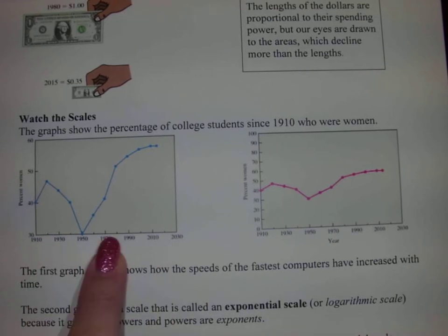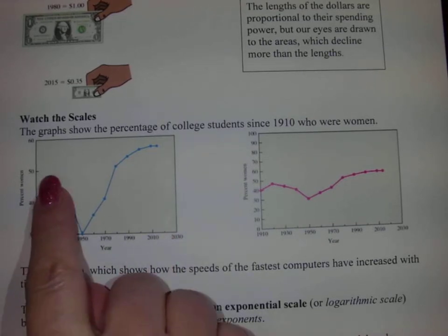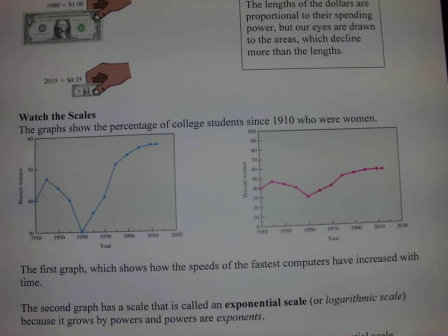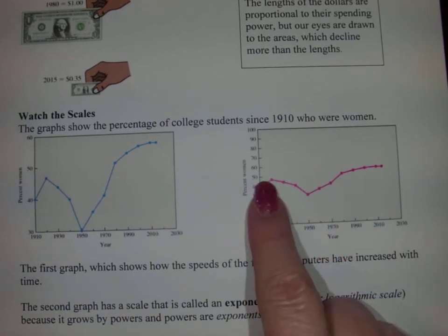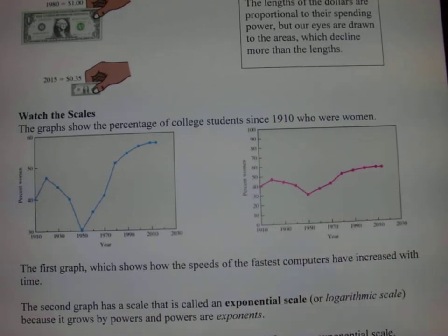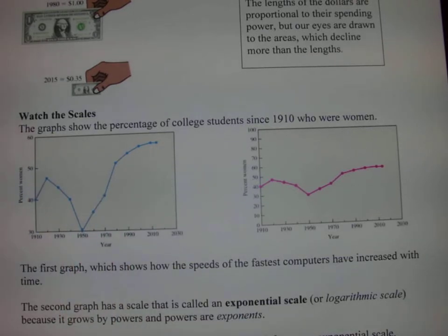The years are still the same, but because they've changed the scaling, it makes it look way bigger. Over here, we can kind of see the trend. It declined a little bit and went back up, and it's gone higher, but this makes it look like such a bigger thing. So be careful of that.